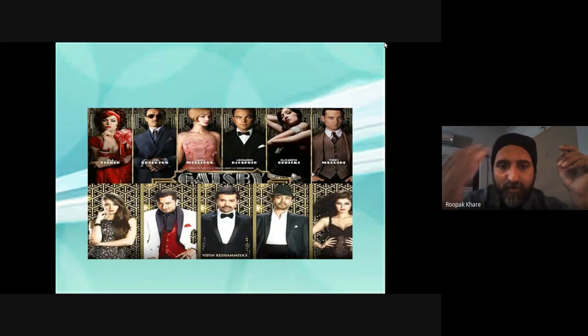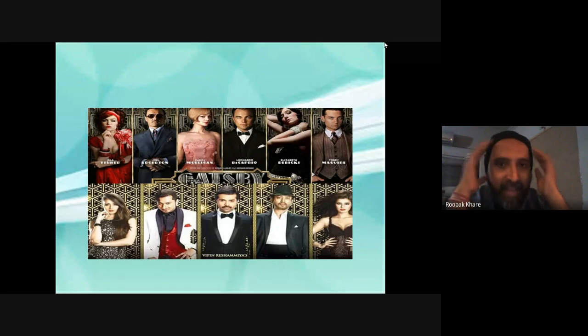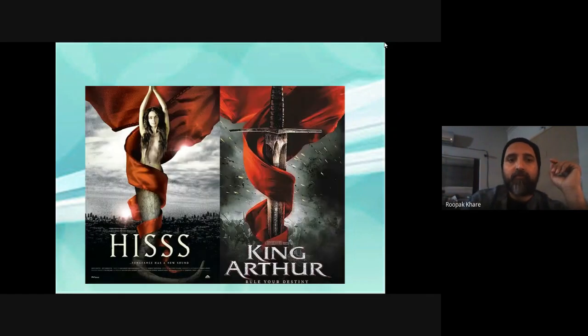Now look at this poster, the poster of Gatsby and the poster of Exposed. Out of the two, the upper one is Gatsby, The Great Gatsby, the original poster, and it was copied by the makers of the other movie. Plagiarism. Here also they've copied the posters. Hiss has copied their poster from King Arthur.